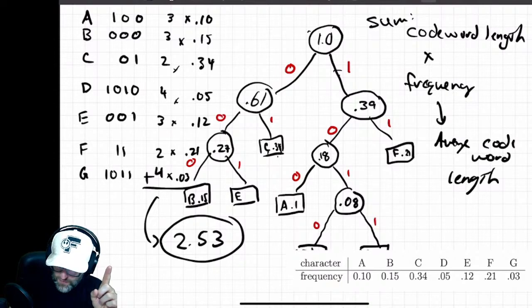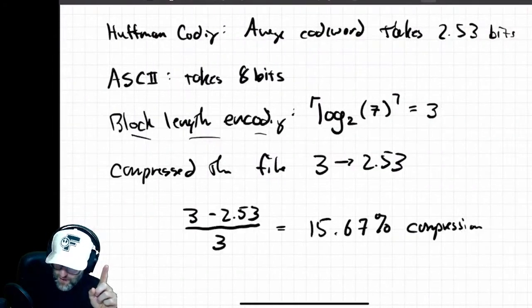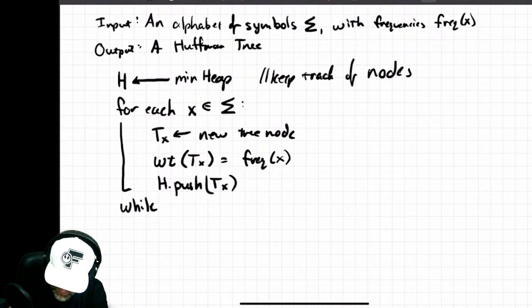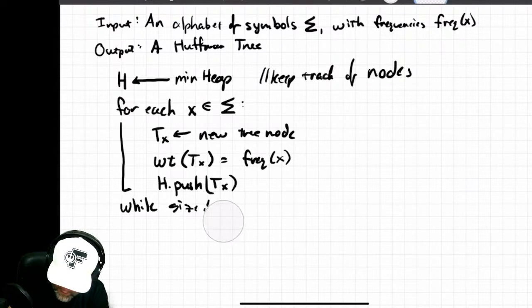So if I'm going to put all of these nodes into the heap and pull them out, I only need to stop when I don't have anything else to pull out, and there's my tree. So while h dot size is strictly greater than 1.